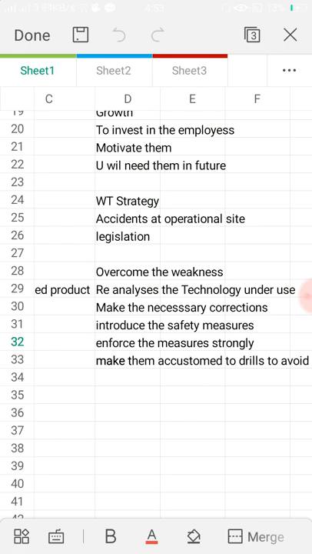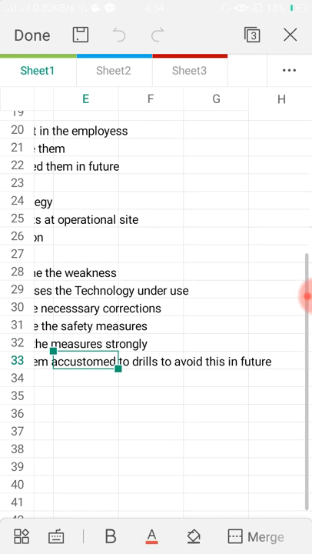You need to avoid accidents at the operational site, you need to avoid the penalty, you need to secure the reputation risk. In this case, what you need to do is overcome the weaknesses, reanalyze the technology under use, make the necessary corrections to the technology, introduce the safety measures, and also ensure that these safety measures are forcefully applied, and make your employees accustomed to drills to avoid this in future.